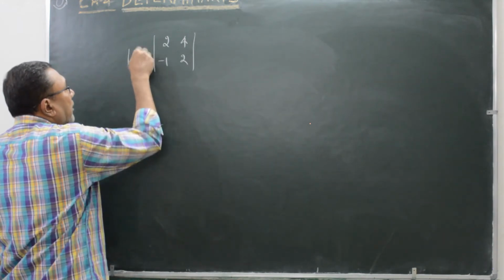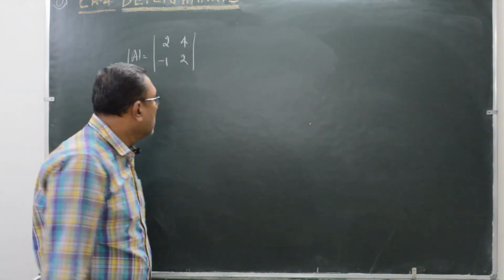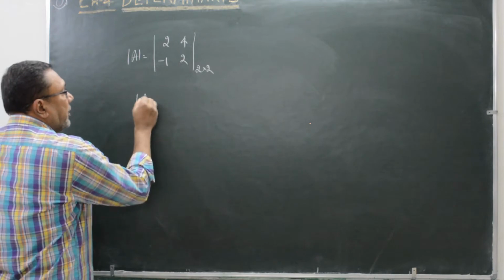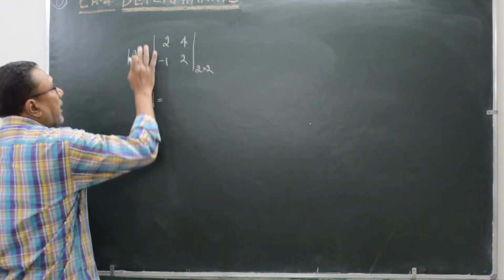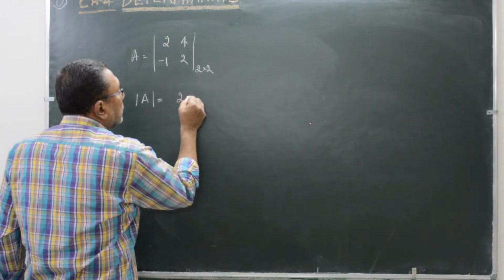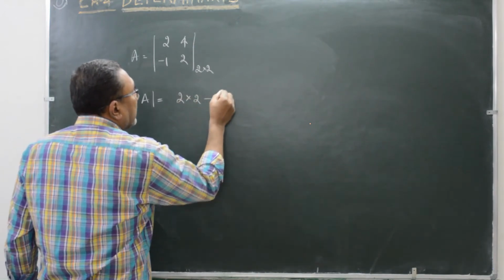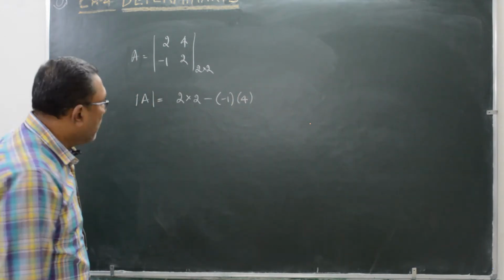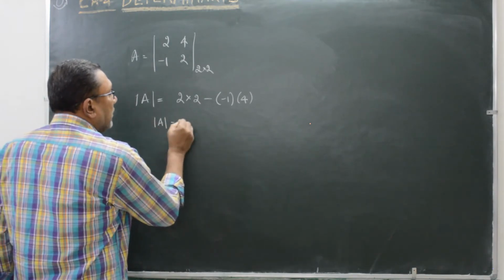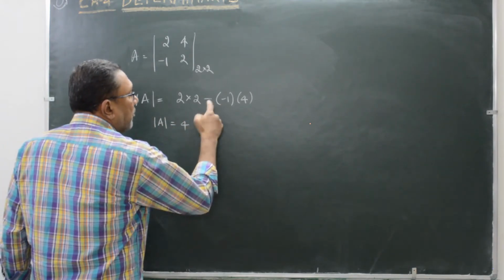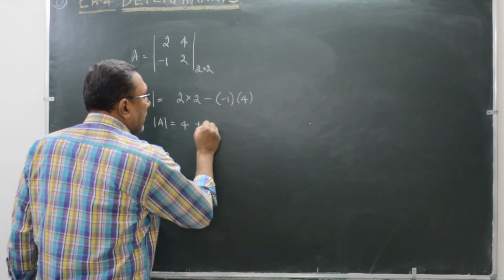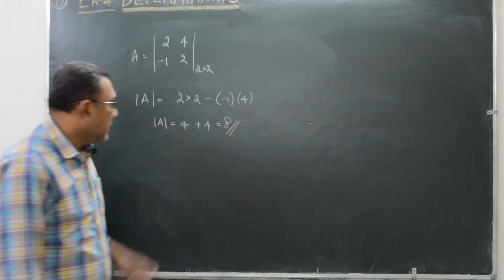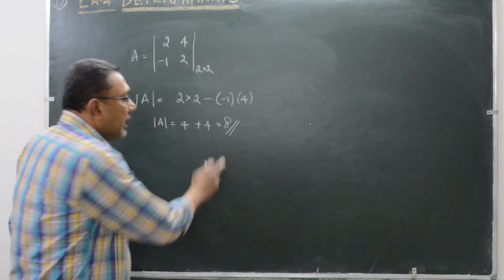Then the determinant of A will be equal to 2 multiplied by 2 minus 4 into minus 1. Minus into minus is plus, so it is 4 plus 4. The determinant value associated with this matrix will be equal to 8.